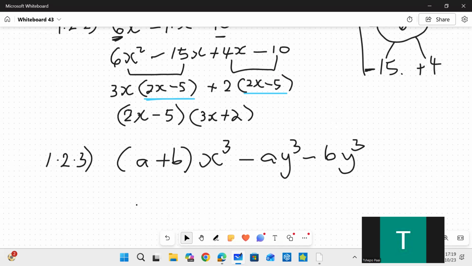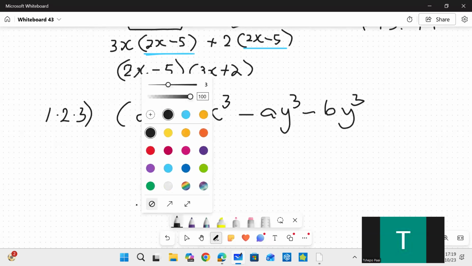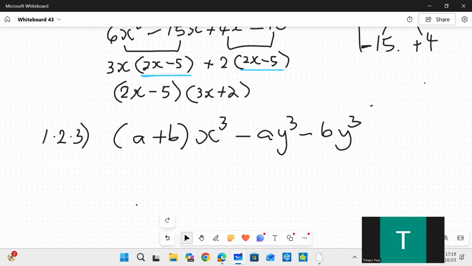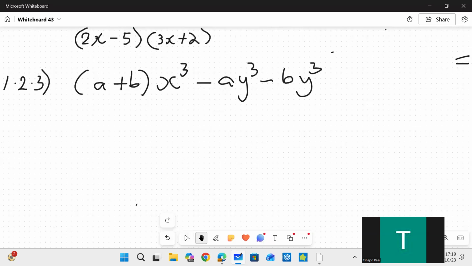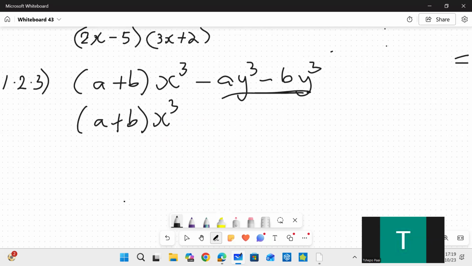All right. Now, what we must do here will be to take out a common factor. Remember, it's factorization. But I'm going to focus on these two terms. First, I will leave that one, a plus b x cubed, as it is. I'm taking out a common factor between these two terms in such a way that what should remain inside the bracket should be a plus b.